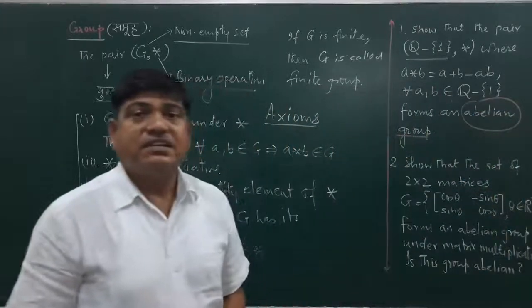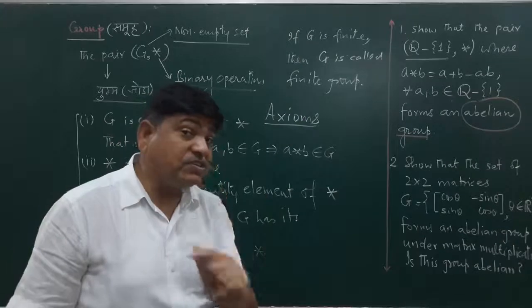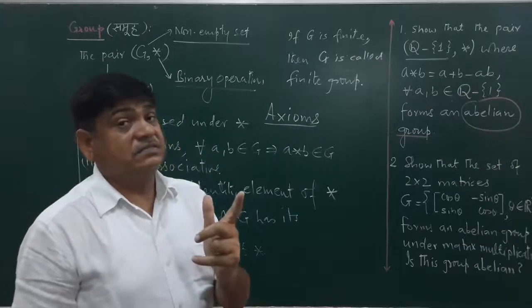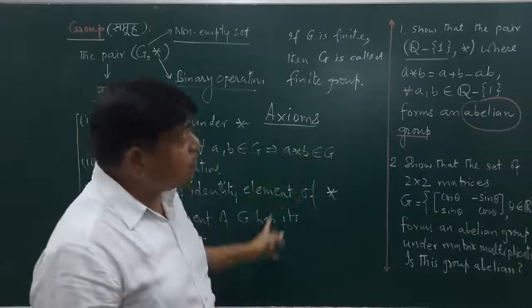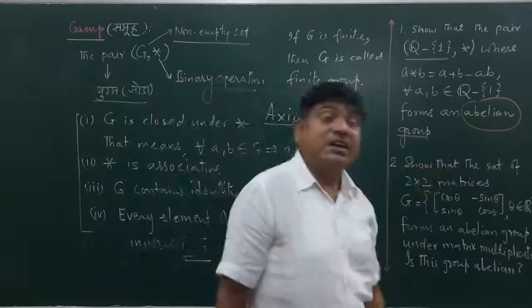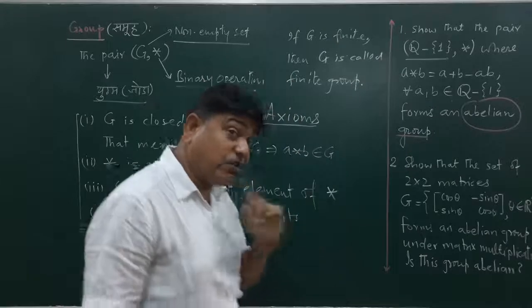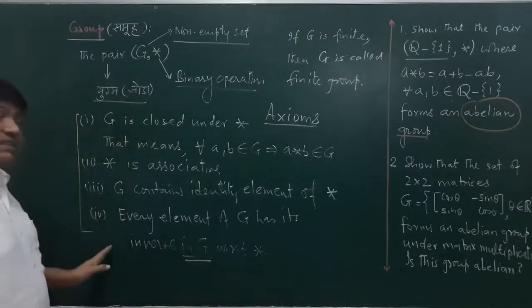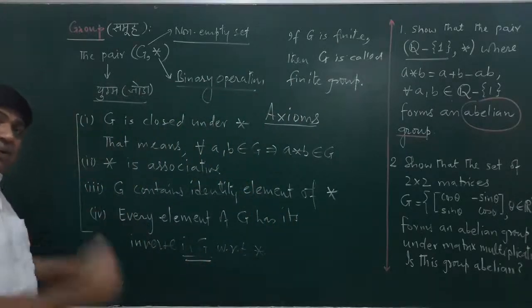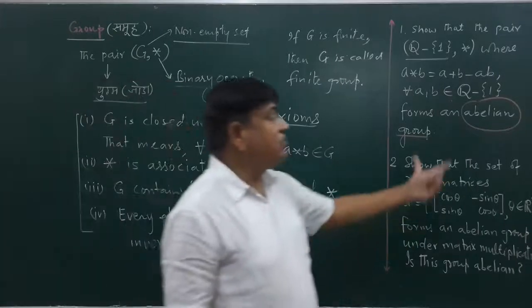Means if commutative property holds, क्रम विनिमेयता, तो इस ग्रुप को हम abelian ग्रुप या क्रम विनिमेय समूह या कम्यूटेटिव ग्रुप कहते हैं. ग्रुप के लिए केवल ये बात, यदि कम्यूटेटिव प्रॉपर्टी भी होल्ड होती है तो हम इसको अबेलियन ग्रुप बोलेंगे, नहीं तो नहीं बोलेंगे.